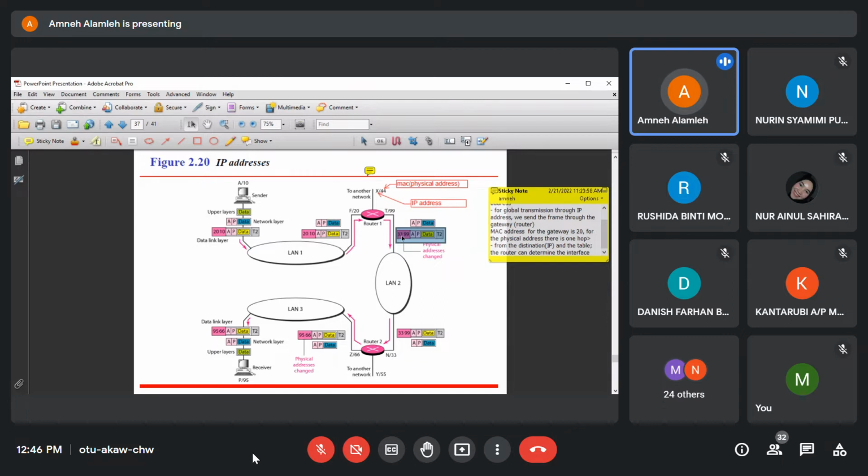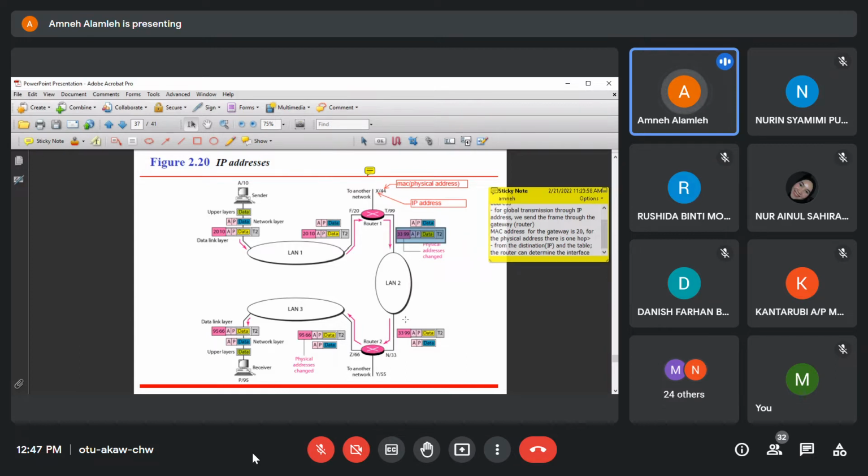The MAC address for the receiver is 33, which is router 2, and the MAC address of the sender, which is router 1, is 99, this interface. And the trailer is again to check the correctness of the data. So this frame is now sent to the next hop, the next receiver, which is router 2.